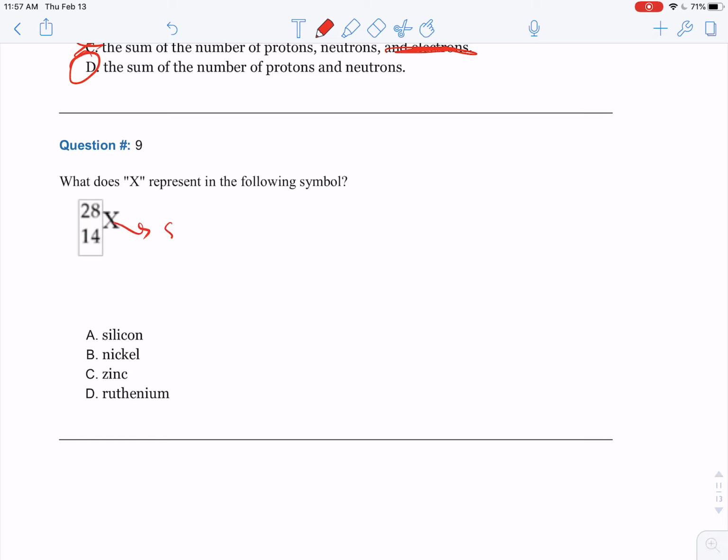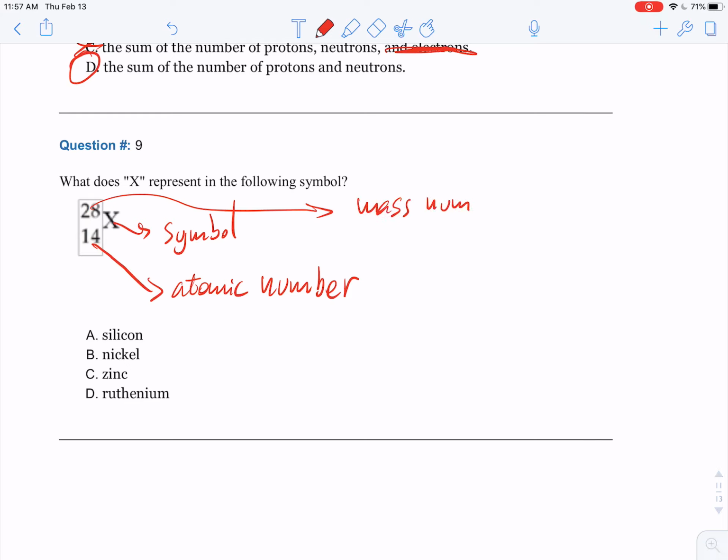Remember, X is the symbol. The 14 here is the atomic number and the 28 here is the mass number. The atomic number defines the atom, so the atomic number is equal to 14, and when you look in the periodic table, that is silicon. So your answer here is silicon.